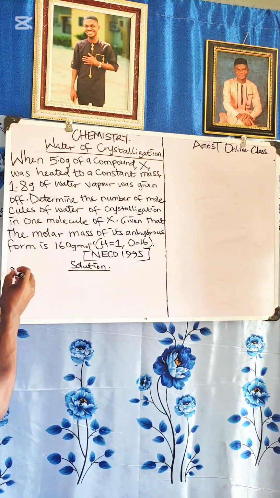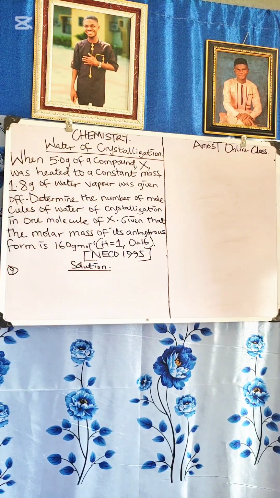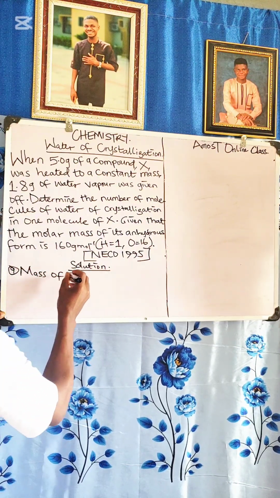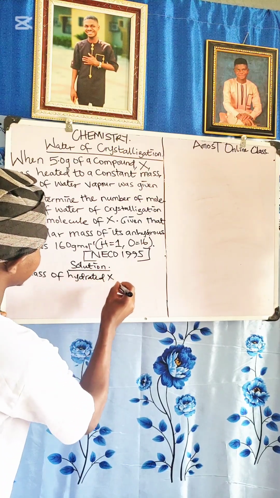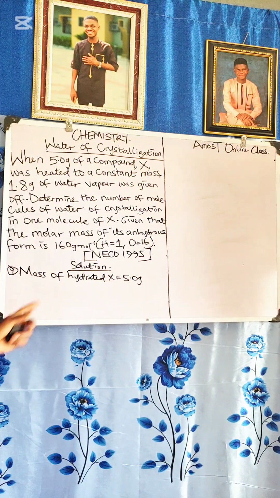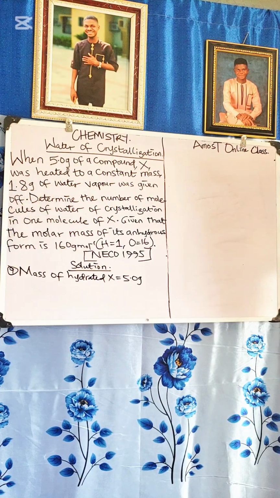So A, when 5 grams of a compound X was heated to a constant mass, that means the mass of hydrated X is equal to 5.0 grams. Then 1.8 grams of water vapor was given off.